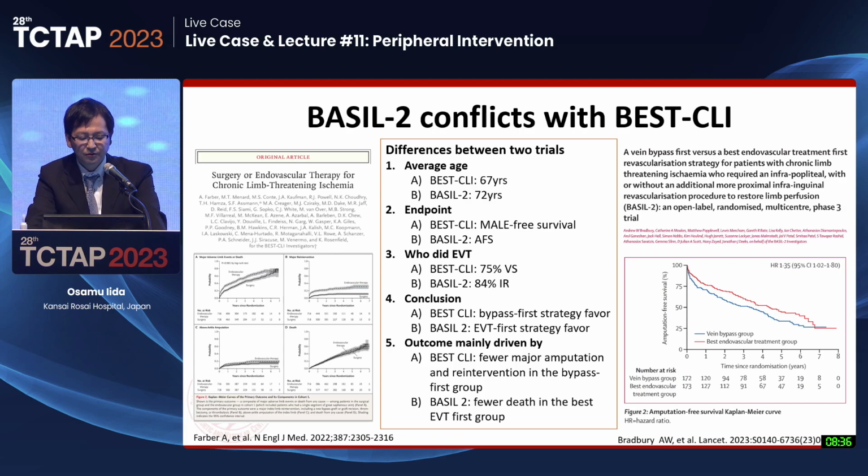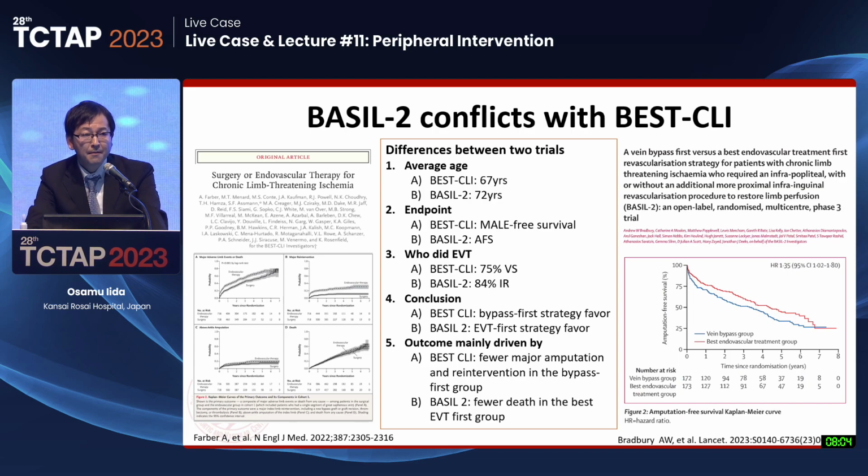Number 4 is the conclusion. BEST-CLI demonstrated that the bypass-first strategy was significantly associated with a decreased risk of the event, but BASIL-2 demonstrated that the bypass-first strategy was significantly associated with an increased risk of the event. The outcome was mainly driven by fewer major amputations and reinterventions in the BEST-CLI bypass-first group, while fewer deaths occurred in the BASIL-2 EVT-first group.